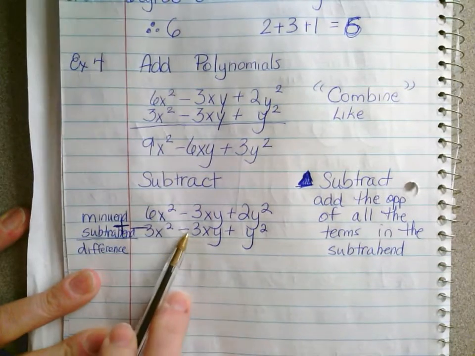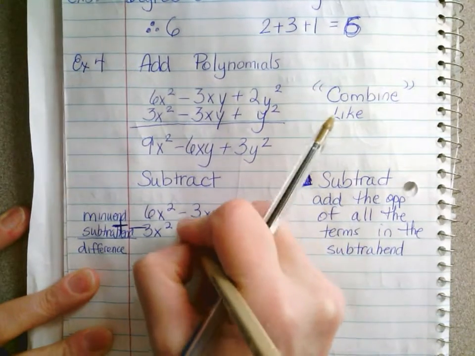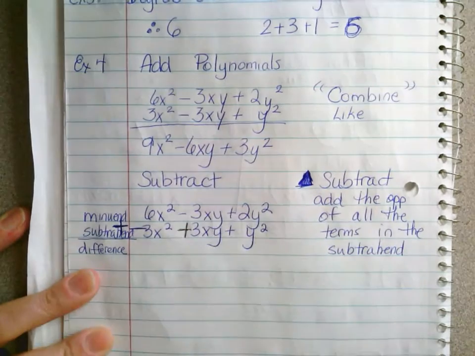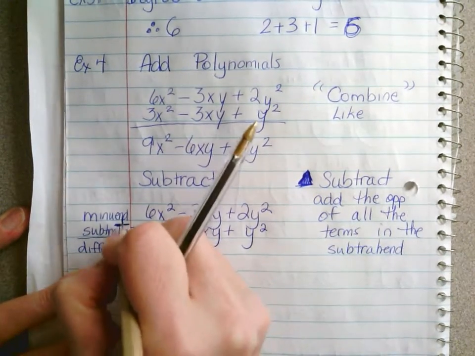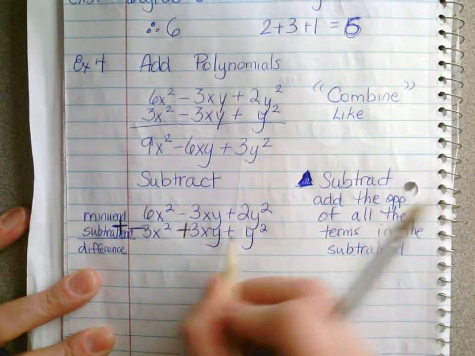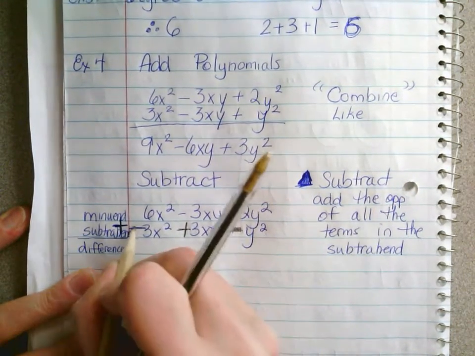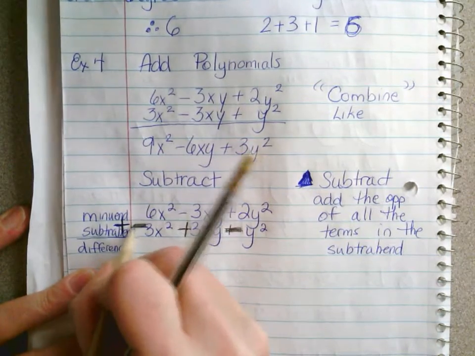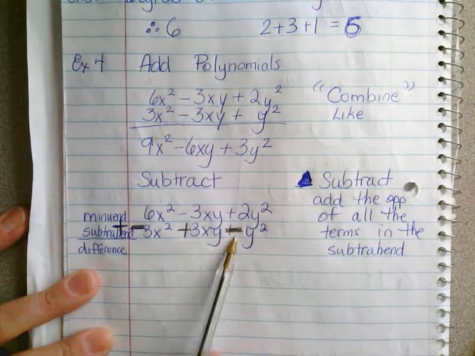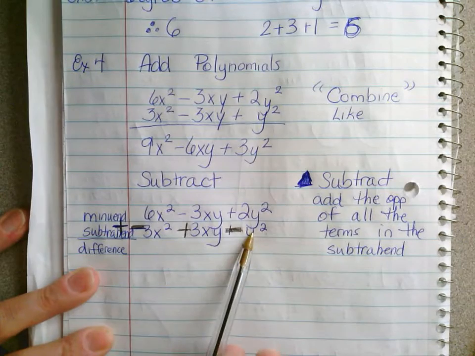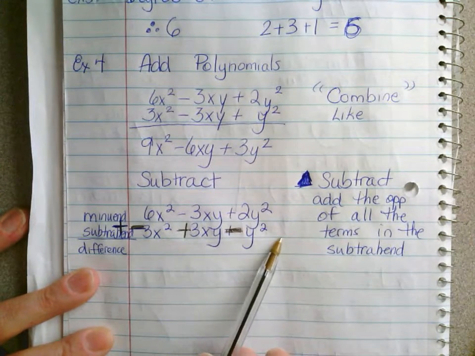Add the opposite of negative 3xy, which is positive. Add the opposite of positive y squared, which is a negative. So in effect, you are flipping the signs of the three pieces of this polynomial, and then you just add.